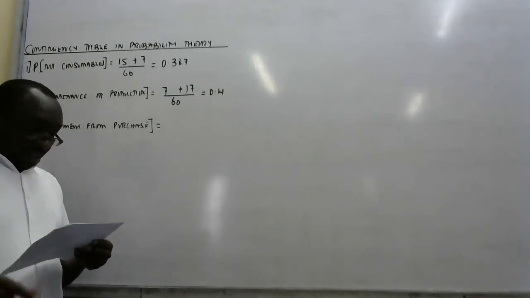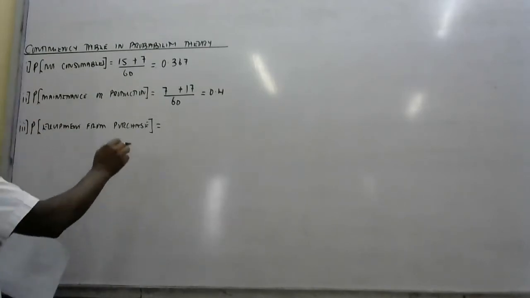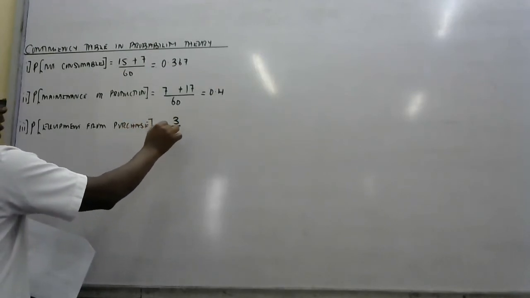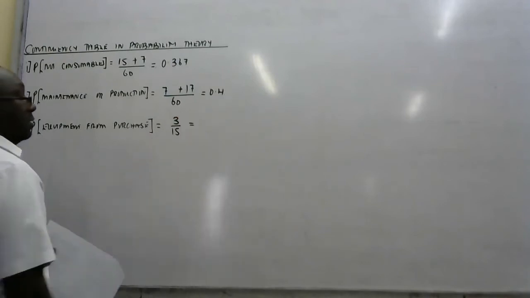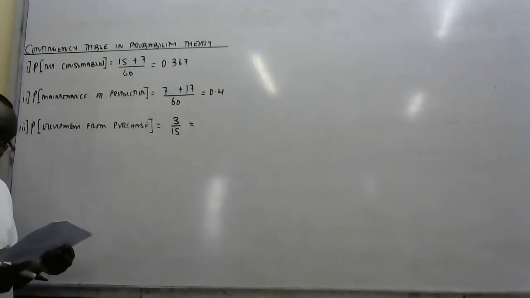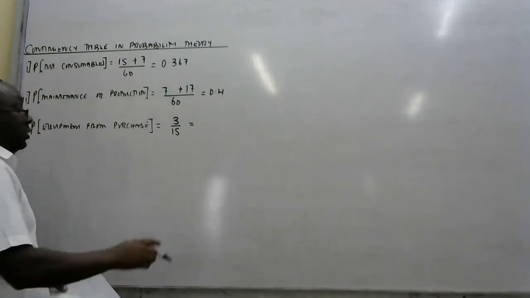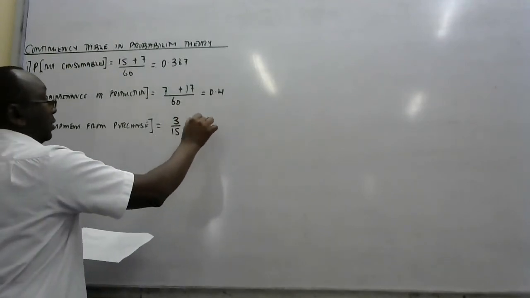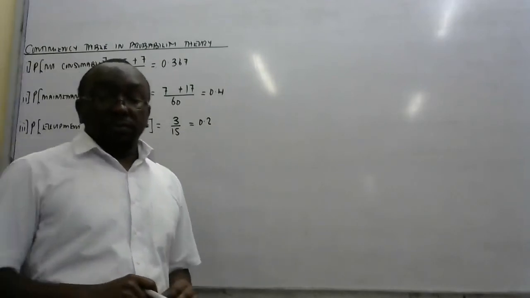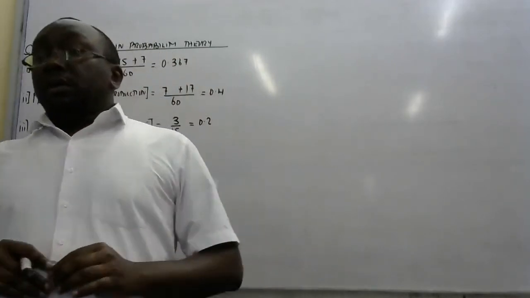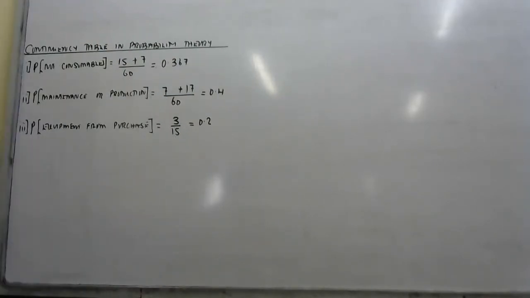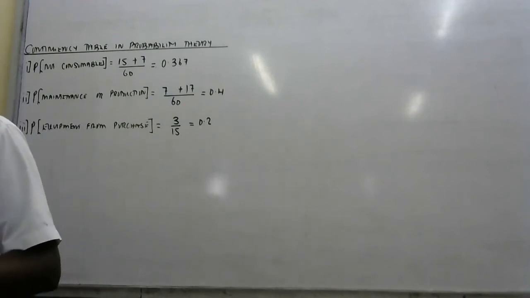Then when you're in patches, you pick equipment. There are how many? 3. And the total patches is what? 15. Zero point. So that is about contingency tables. It's very simple that way.